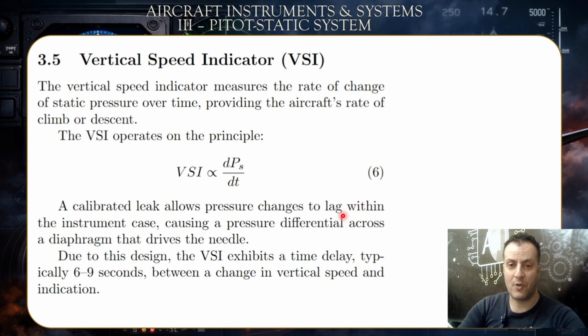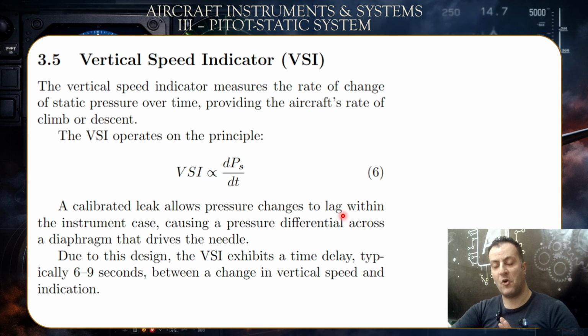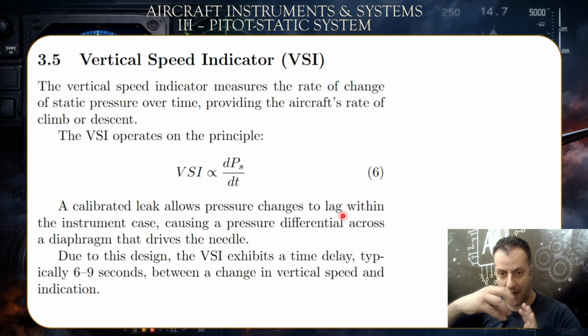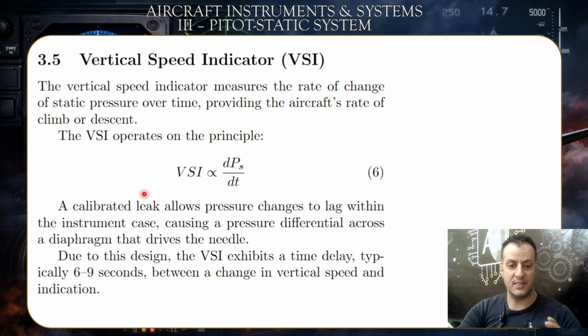For us to have a former static pressure, you need a lag, a little delay between the current pressure and the former pressure. So the current pressure of the air seeping outside from this bleeder, this calibrated leak, at this moment, and the former pressure from moments ago. This is how you measure the change rate of the pressure, from which you can get the VSI.